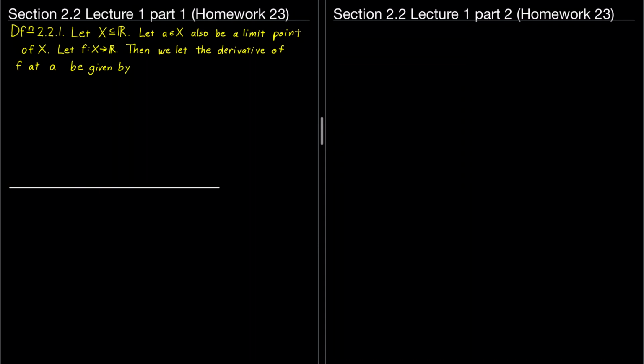Well, I did. If you didn't, that is okay. We write f prime of A. That is the limit as X approaches A of this quotient. We write f of X minus f of A over X minus A.